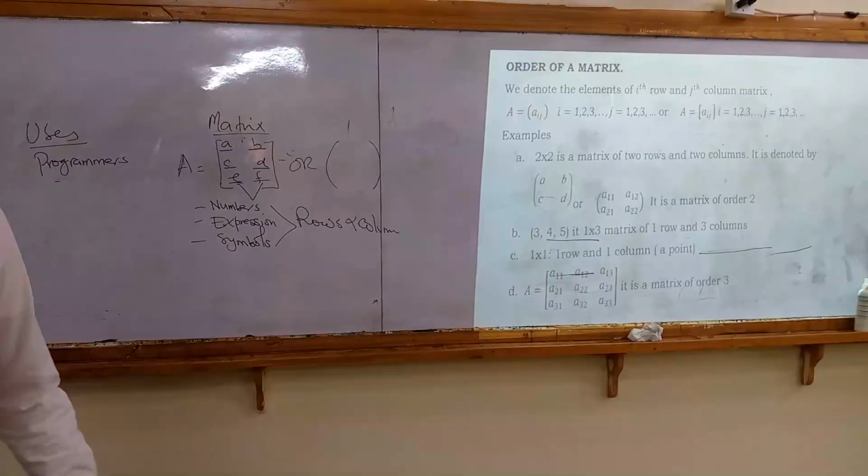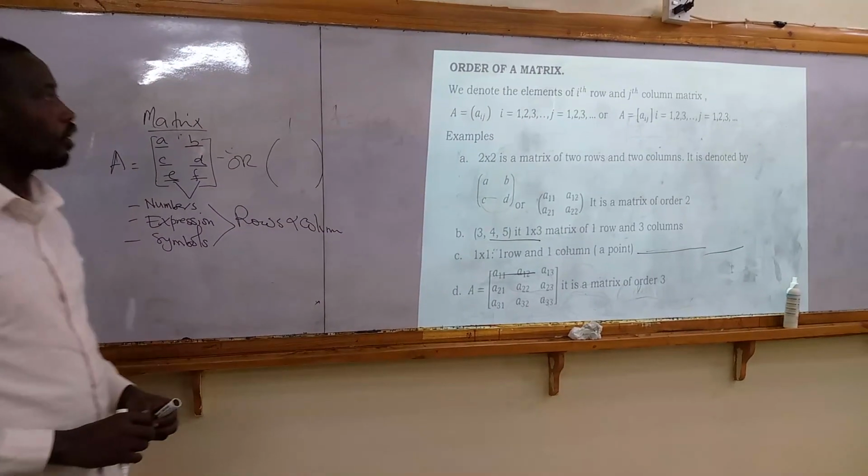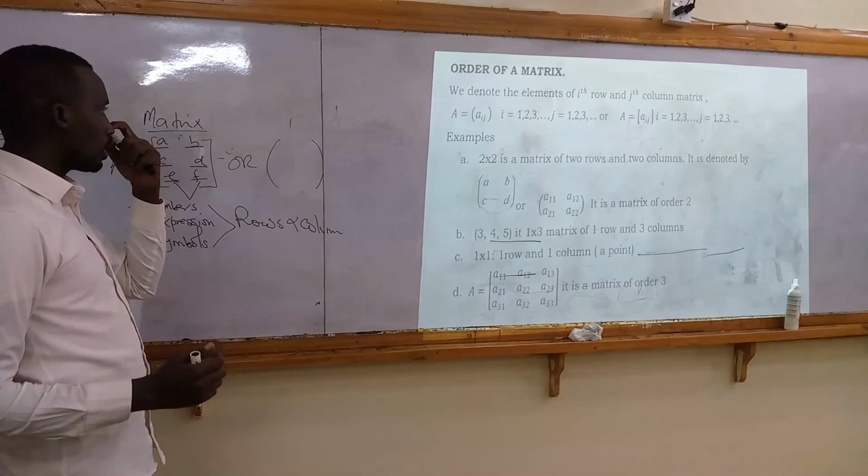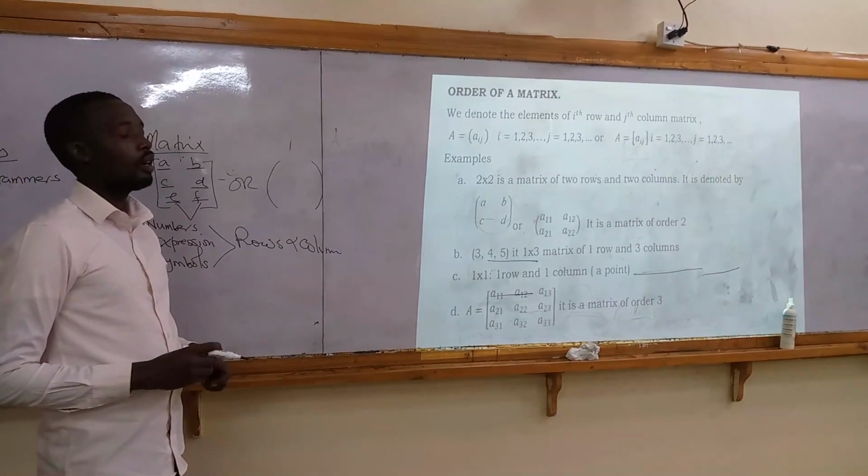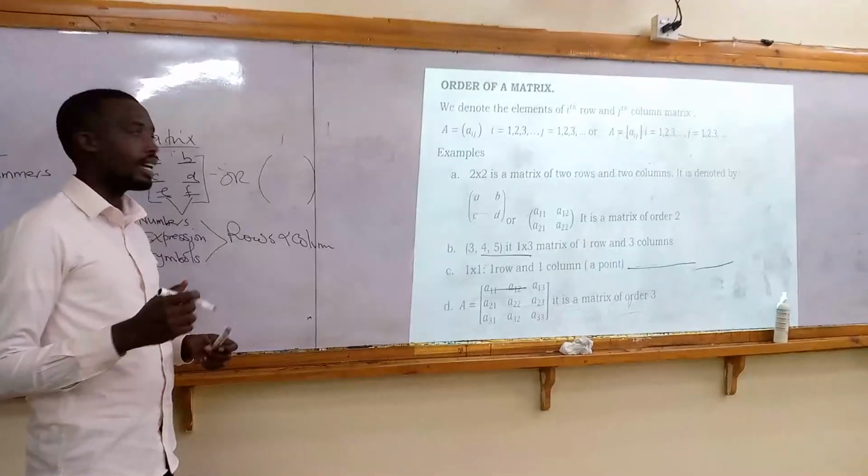The next one is the order of the matrix. Matrices are denoted using the elements i and j.